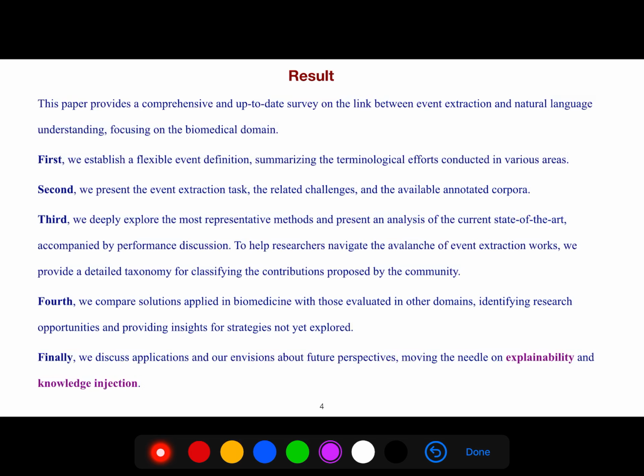And fourth, we compare the solutions applied in biomedicine with those evaluated in other domains, identifying research opportunities and providing insights for strategies not yet explored. And finally, we discuss applications and our vision about future perspectives, moving the needle on explainability and knowledge injection.